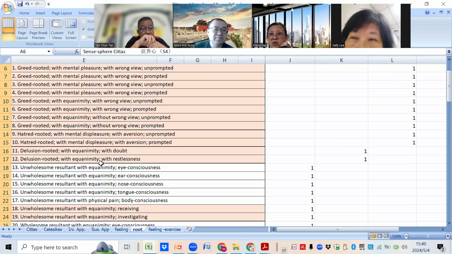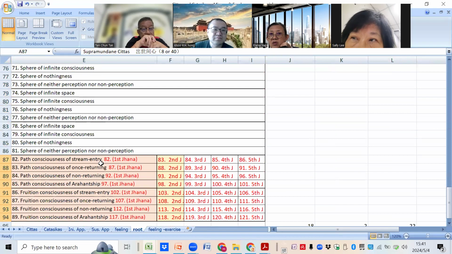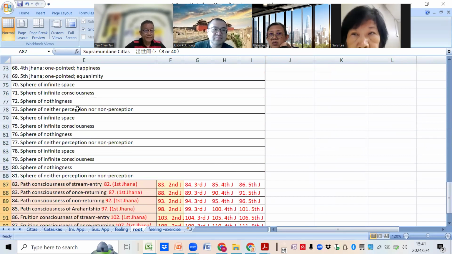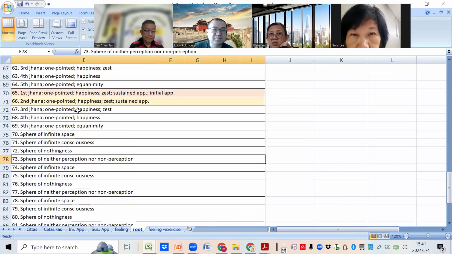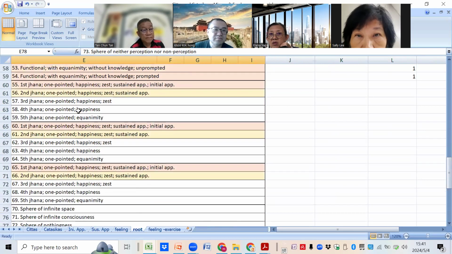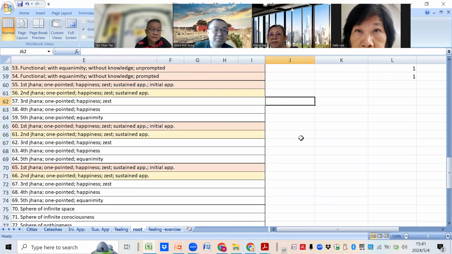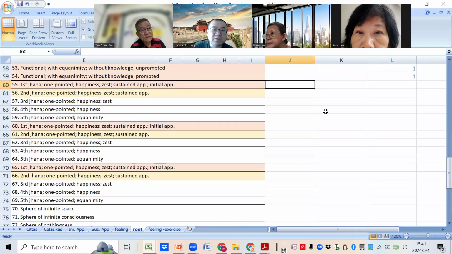So meaning to say that from which number, Kok Hong, all the jhana and also the unconscious, with the form and the formless jhana, from where to where? 55 onward.